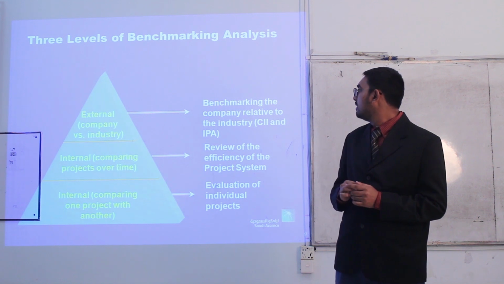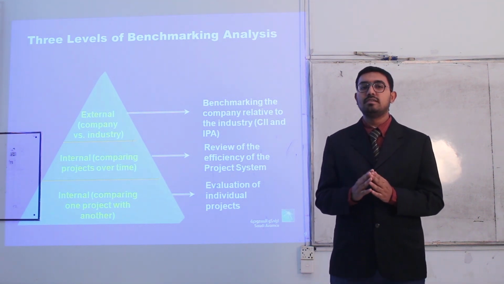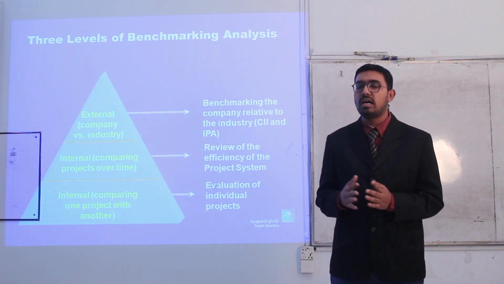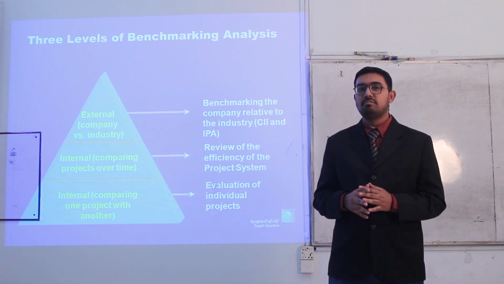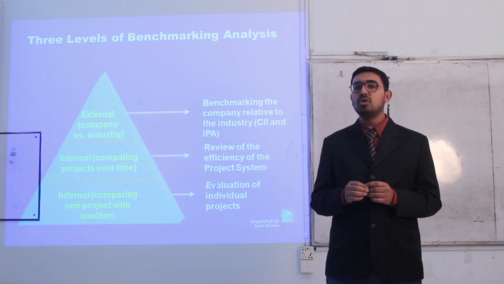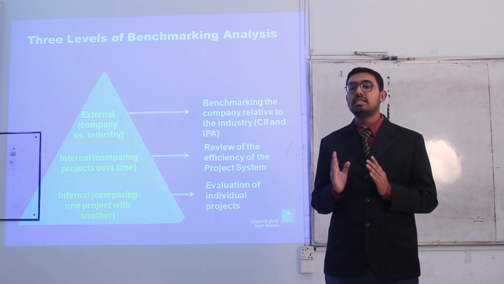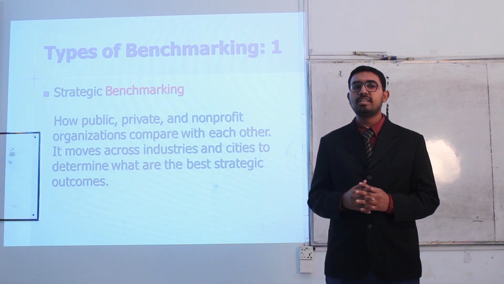In external benchmarking, the company is compared relative to the industry, and in internal benchmarking, where comparing projects over time, the efficiency of the project system is reviewed, and the last one, also internal, where comparing one project with another, evaluation of individual projects is done in this phase. And now, the types of benchmarking.